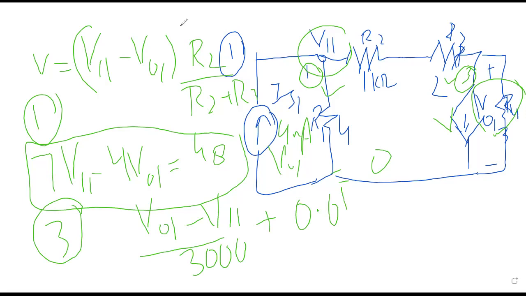This 0.01 means the value of the dynamic voltage, that is v equals 0.01. Then there is V11 dividing with V01, and then the whole divided by the resistance 1 plus 2, equals 3000.